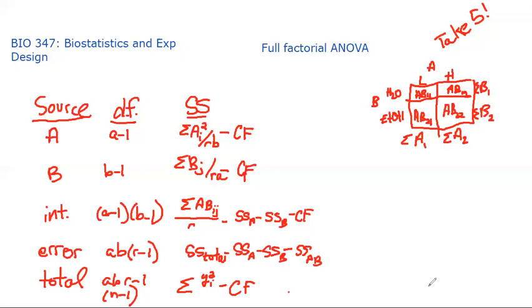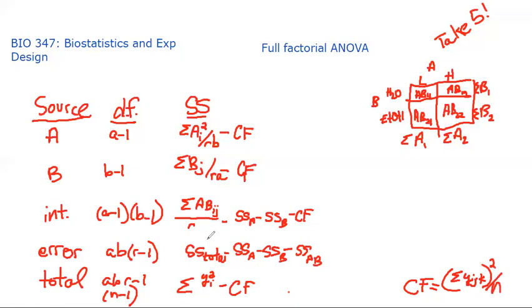Where CF, our correction factor, is equal to the squared sum of all observations. So let's sum all our observations, y, j, k, and we square that, and let's divide by n, okay?